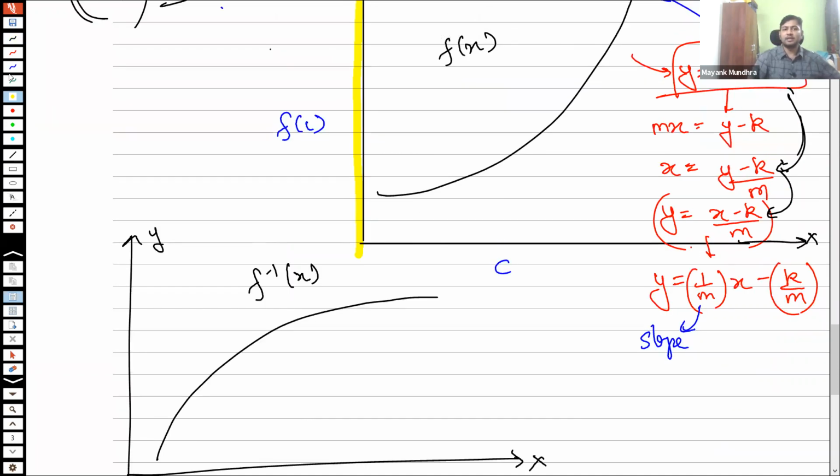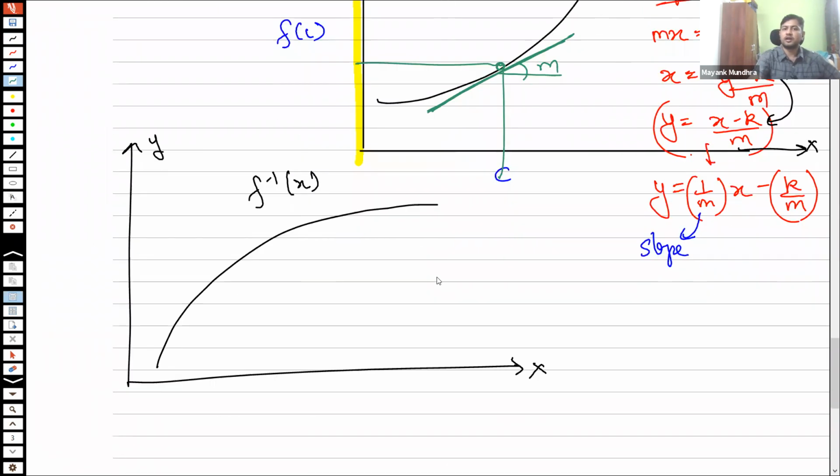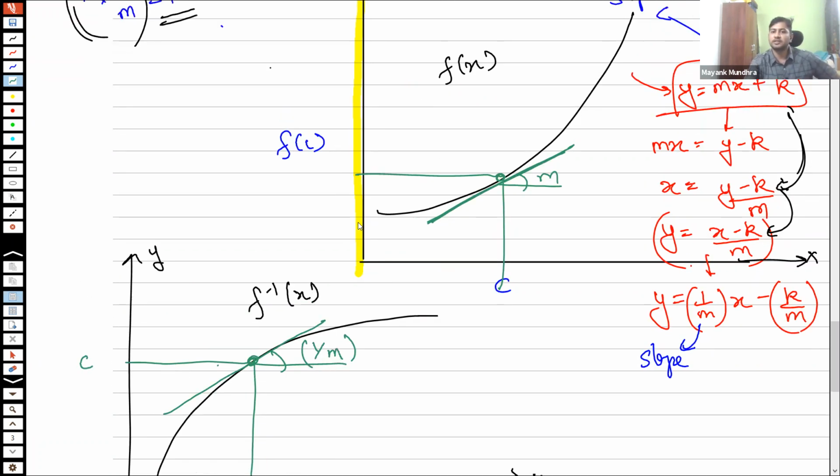So at any point c and f of c, if you draw a tangent here and its slope was m, now for f inverse, f of c is going to be a point in its domain and c is going to be a point in its codomain. And if you draw a tangent here, its slope is going to be 1 by m. This is what the theorem is saying.